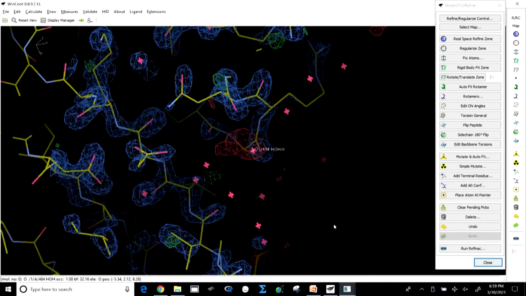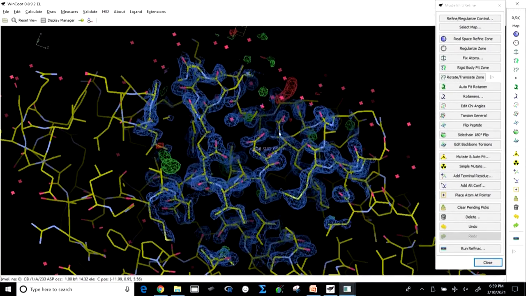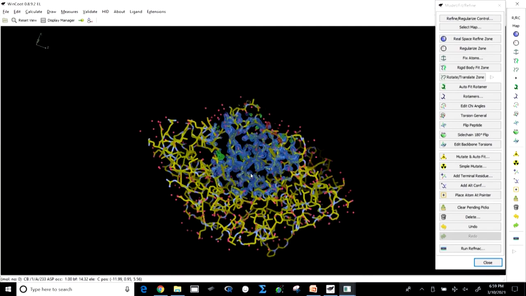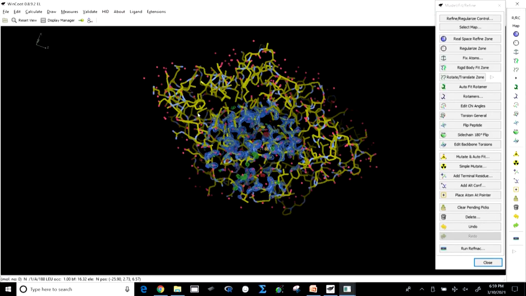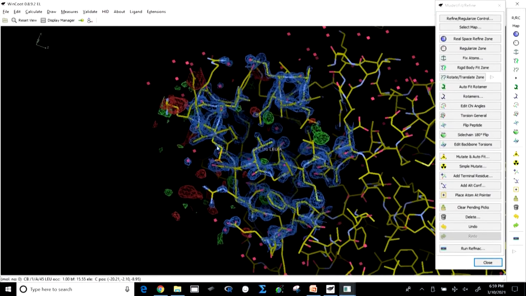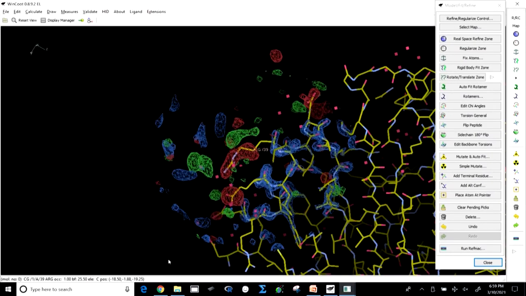When somewhere you should not model, but you modeled, there is a chance of getting red density. So, we call it like traffic lights. When you should go, you get a green light, right. Here also, when you should put some model, you get green color in the map.